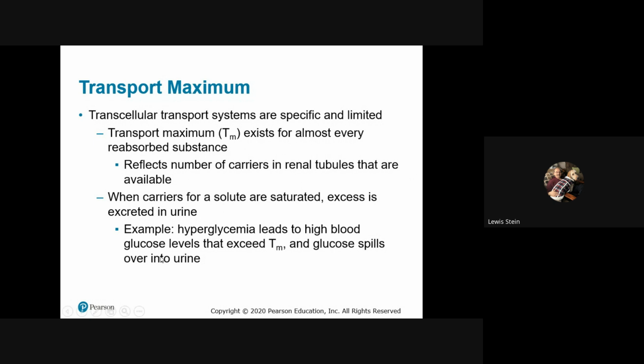And this is why in diabetes we measured it originally, before the age of glucometers, by spillage into the urine. And the problem was it damaged the carriers when they were continually saturated and effectively lowered their ability to excrete sugars efficiently. That is a major issue.